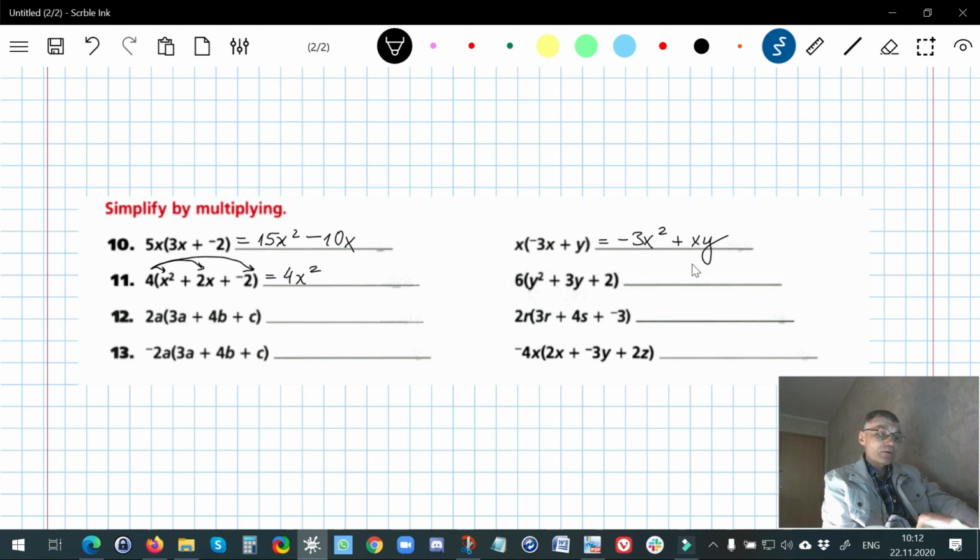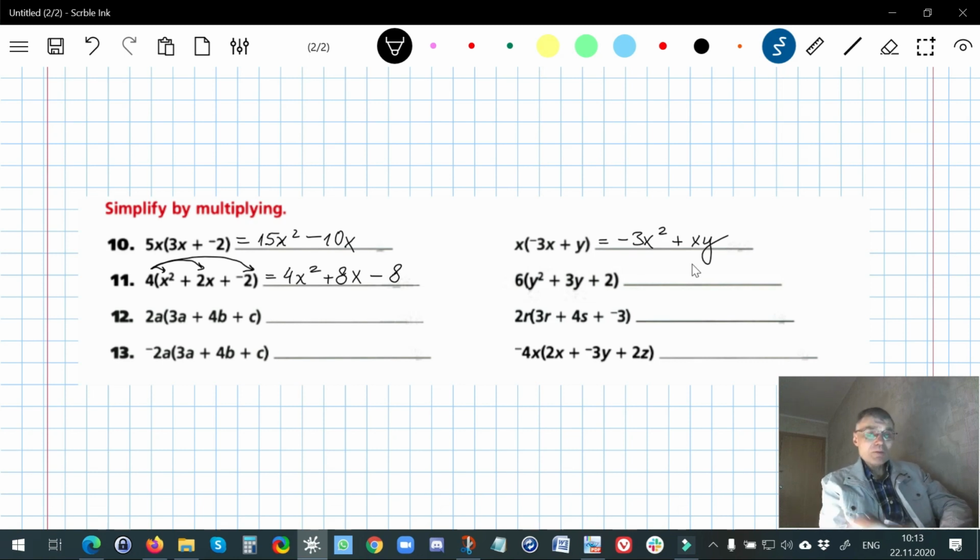Then from 2x we take the coefficient 2 multiplied by 4, getting 8. The sign is positive, and latter part is x. And then 4 multiplied by negative 2 gives us, sorry, I could save myself and write a plus and then a minus, but I write negative 8 immediately.